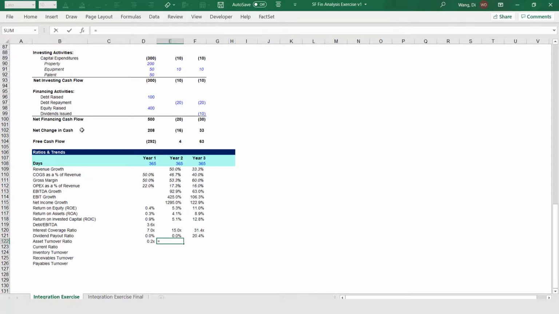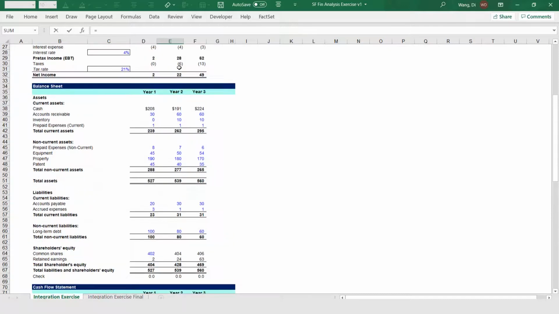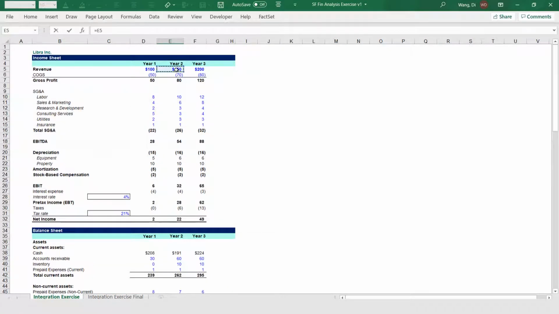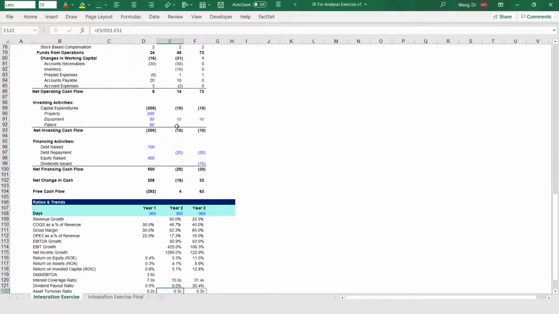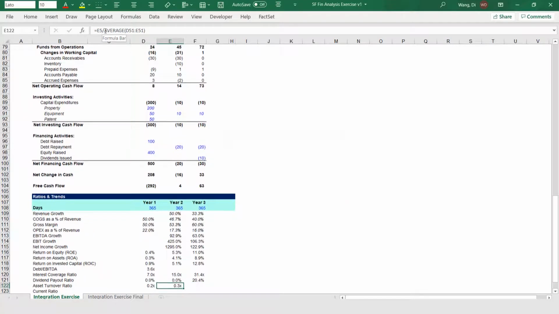That means for year two, we're going to be using revenue and dividing it by the average now. So the average total assets of 539 and 527. There we go. Okay, moving that over as well.